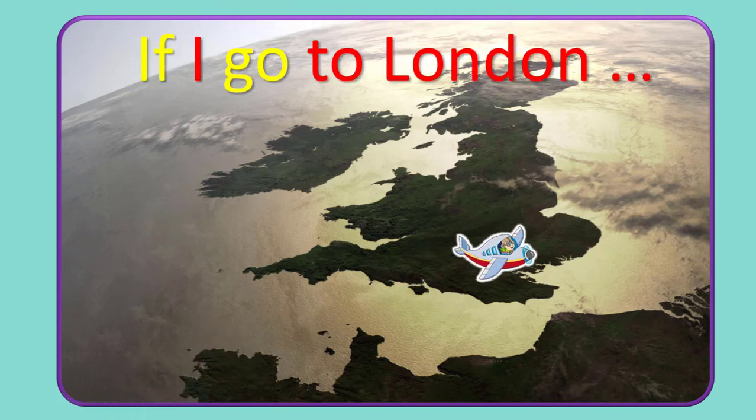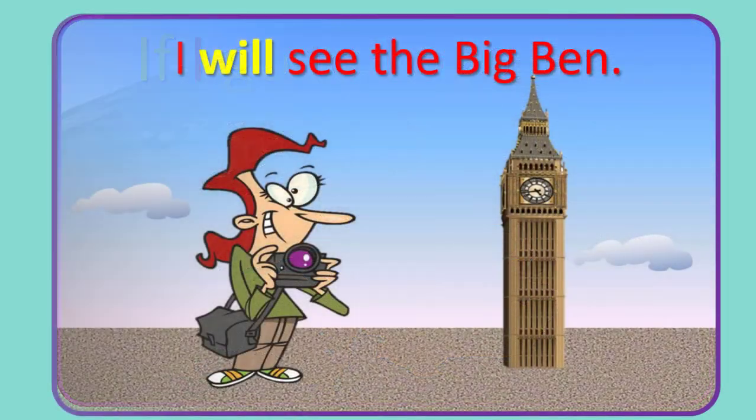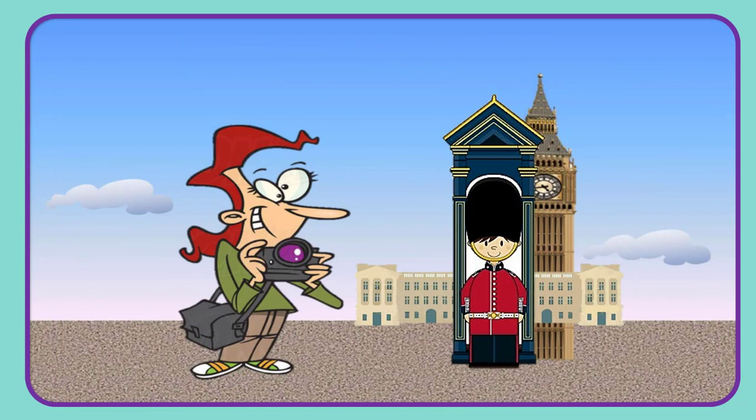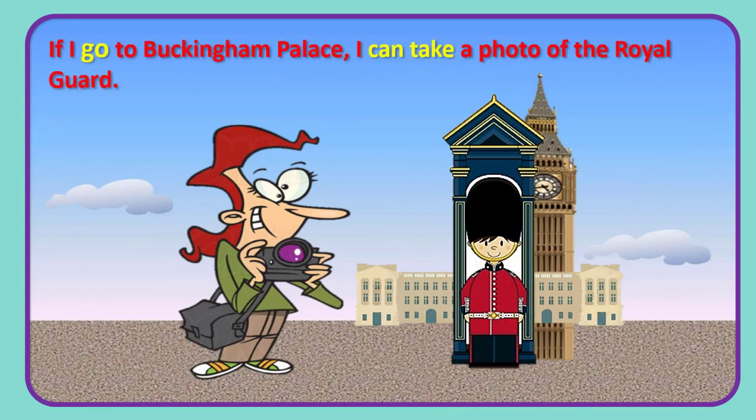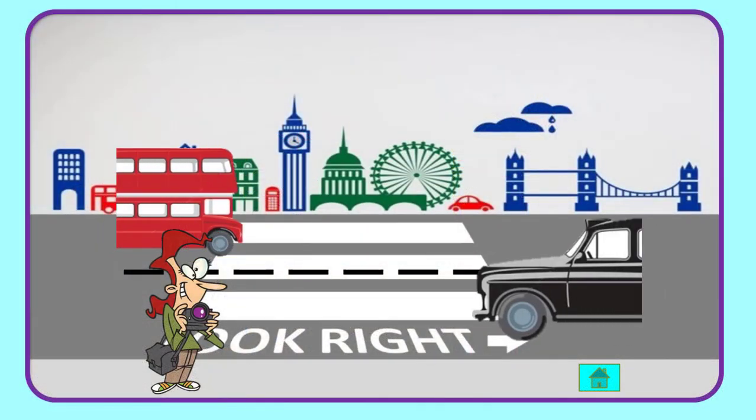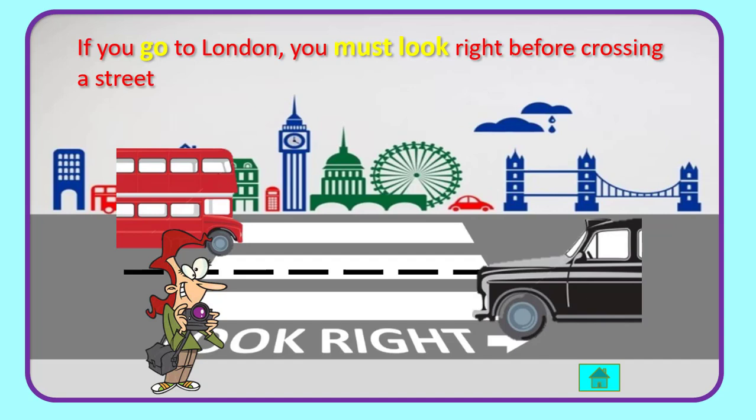If I go to London, I'll see the Big Ben. If I go to Buckingham Palace, I can take a photo of the Royal Guard. If you go to London, you must look right before crossing a street.